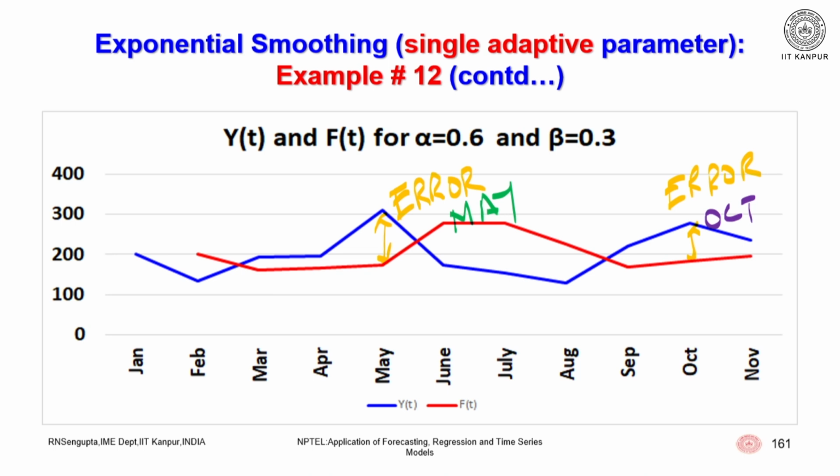If you look at these values of Y, they are fixed, but F is changing. So, you want to take that set of values of F using a particular model where you minimize the error, and you will consider that model as the best one under the realm of the single adaptive exponential smoothing method.